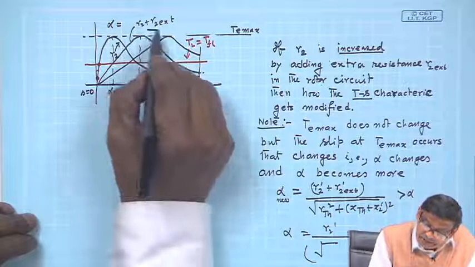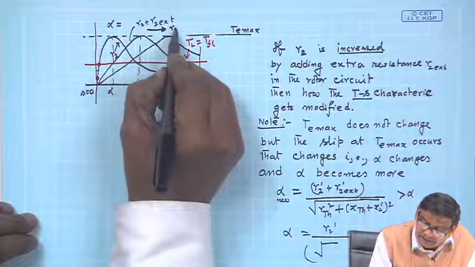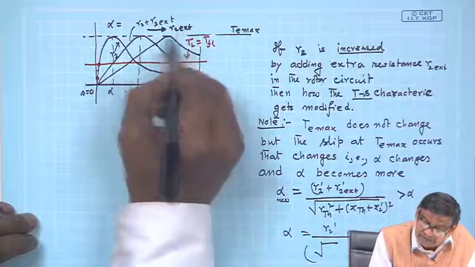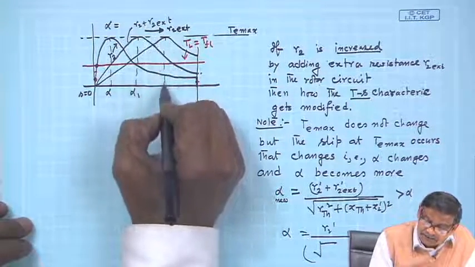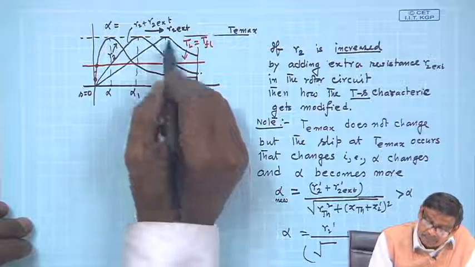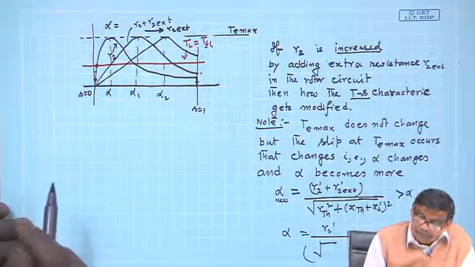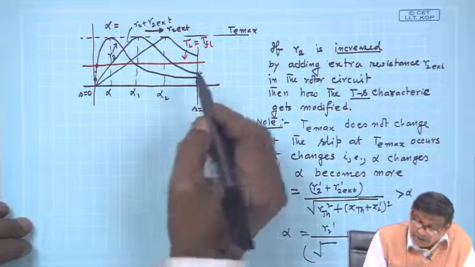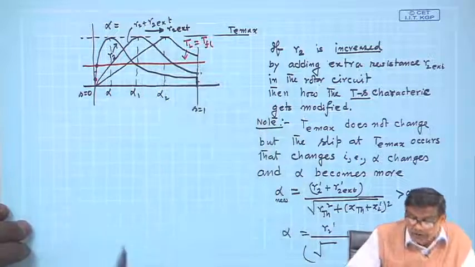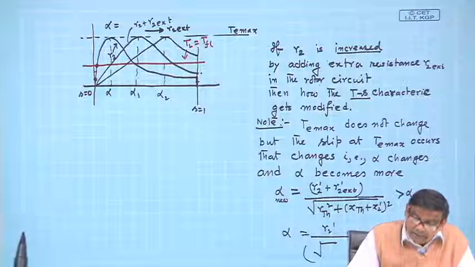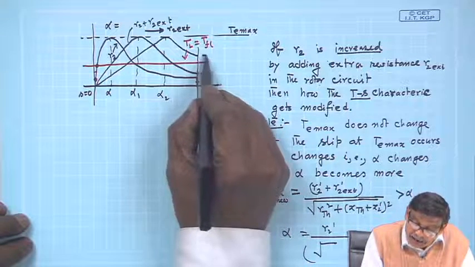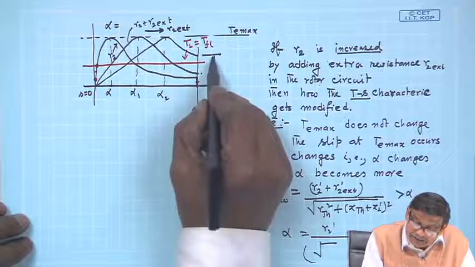So, R2 external increasing this way. If you further increase it, maximum torque will occur at some value of alpha 2. And you now find that by incorporating an external resistance in the rotor circuit, the starting torque has now become greater than the load torque.